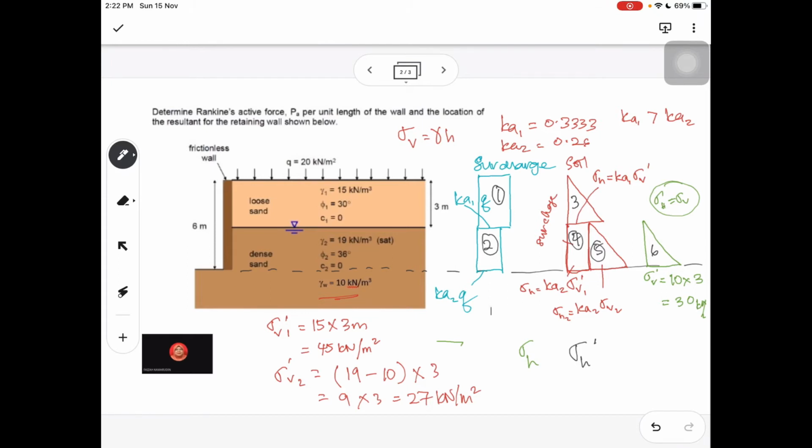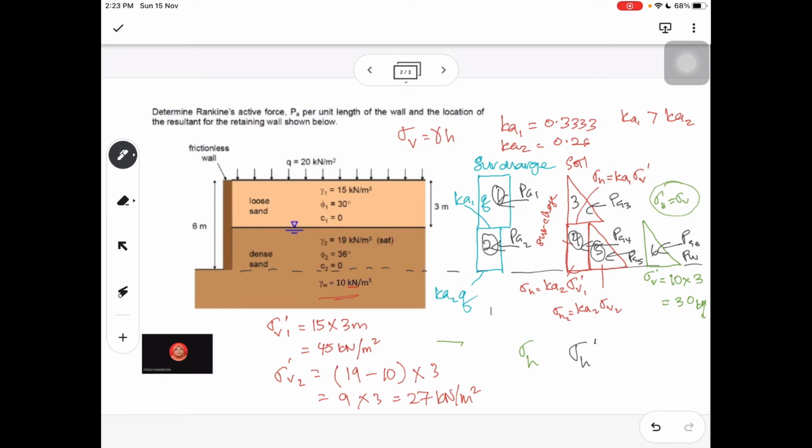Now you can start to calculate your PA. So you are going to have PA1, PA2, PA3, PA4, PA5, and PA6, or P water, from the water.